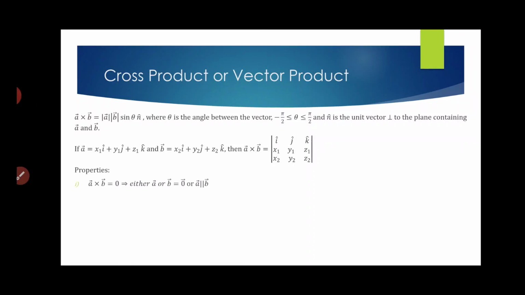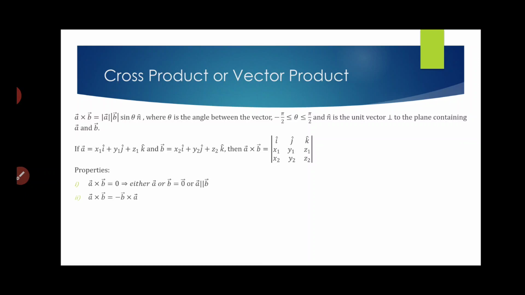And then we move to the properties. The first property is, if A cross B is 0, then obviously either A or B can be 0, means individually the vectors can be 0, or they are parallel to each other. Why? Because if the cross product is 0, then sine theta becomes 0, that means theta becomes 0, and theta becoming 0 means they are parallel to each other.